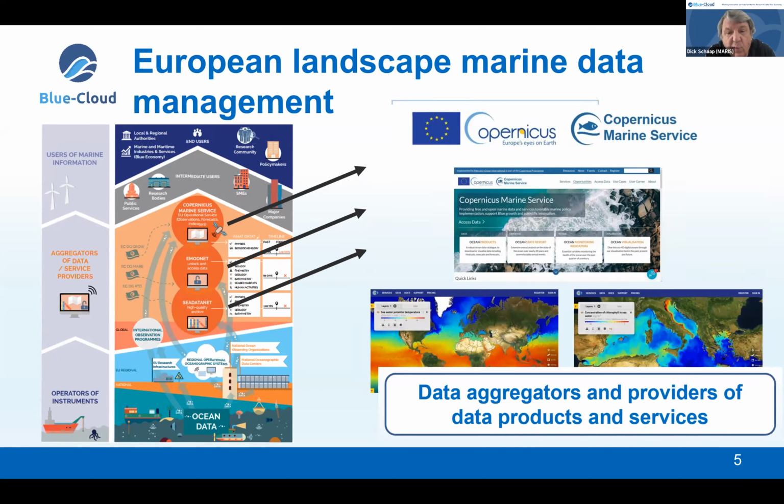It produces forecast and nowcast, and it uses a lot of in situ data, but also Sentinel images, the satellite information, together with big models, to have a service which is worldwide, providing very good products, which are being used by a lot of different user groups.